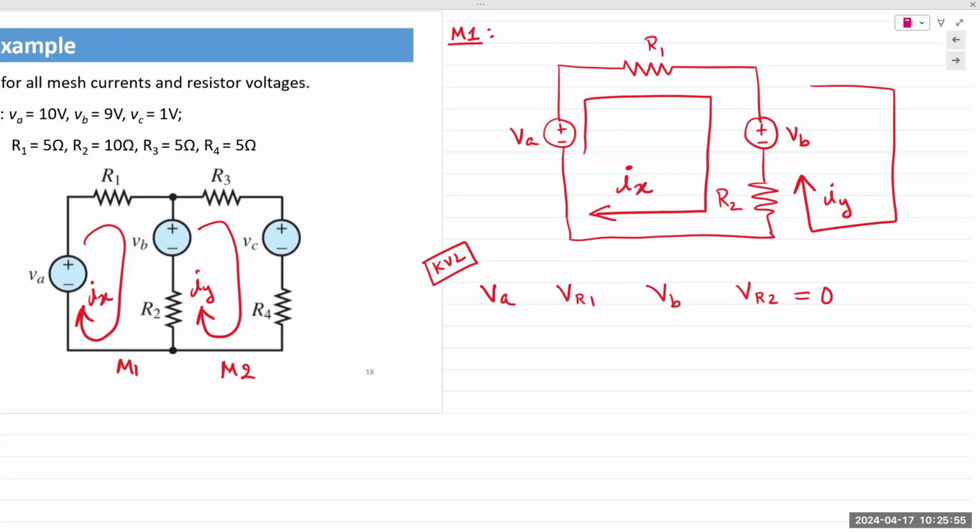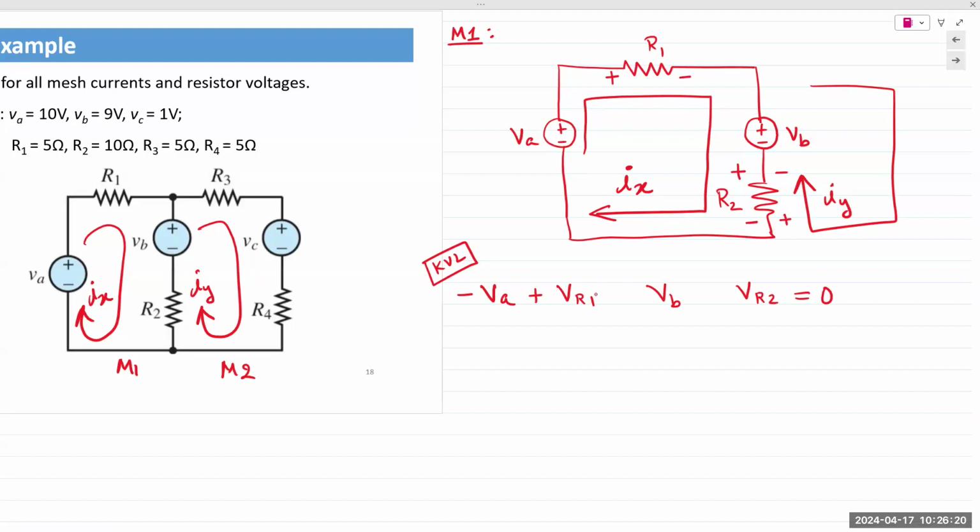What do we have? Now this is me starting from the bottom left corner, going around the loop: minus VA plus VR1. VR1 would be positive, negative this way. R2 is positive, negative that way. This would be positive, negative this way.